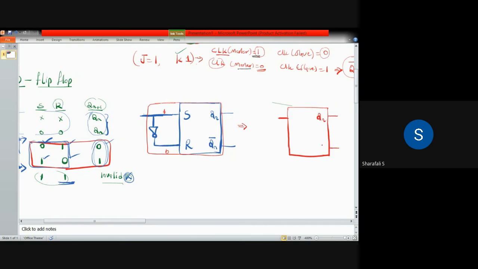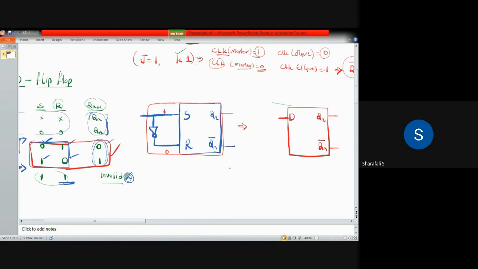So this is Qn, this is Qn bar, and you have only one input. So all these other circuits will be going inside this block, and this input is your D. And this particular flip-flop is called a D flip-flop. So now you can see from this particular case, we can simplify the SR flip-flop with two inputs to a single input flip-flop.